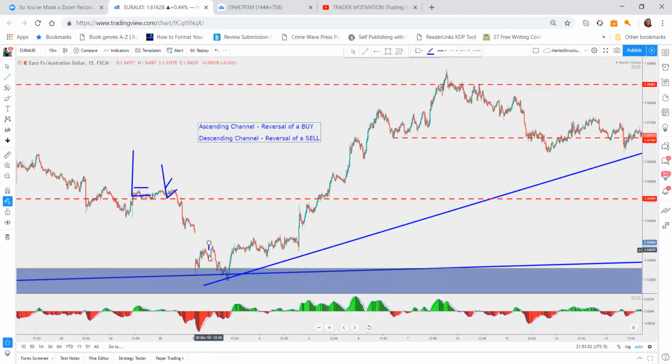But in this instance, it didn't flag the way it's supposed to. It started making a descending channel, and then it threw us our reversal. That happens a lot at supply and demand zones. It also happens when you're getting ready for a pullback or a correction. See, we got this push and then it made that channel to the upside.